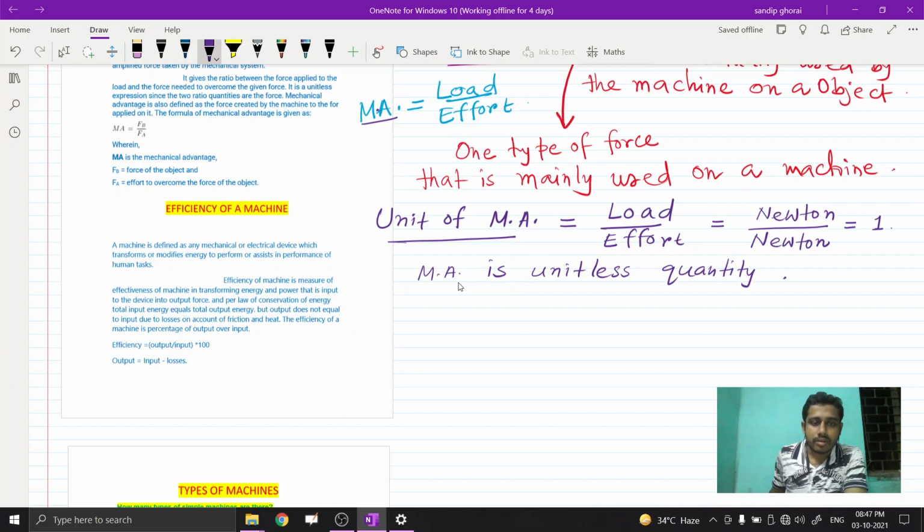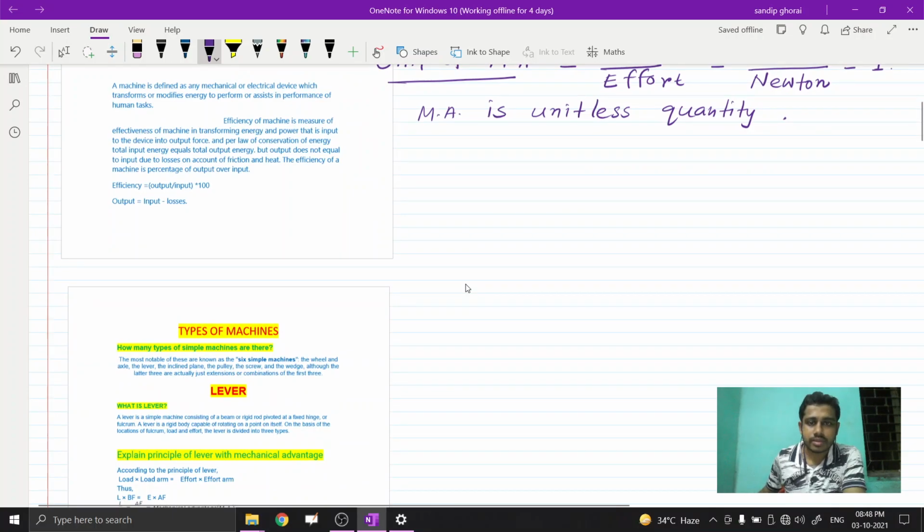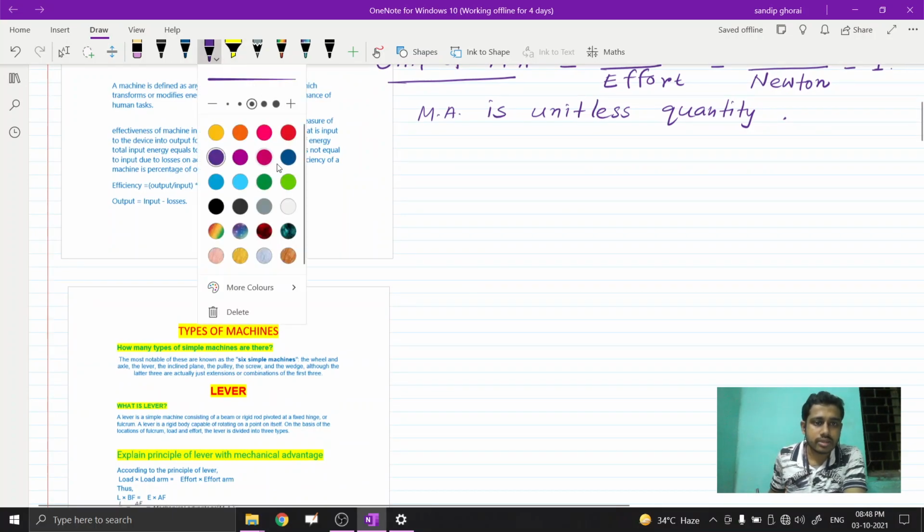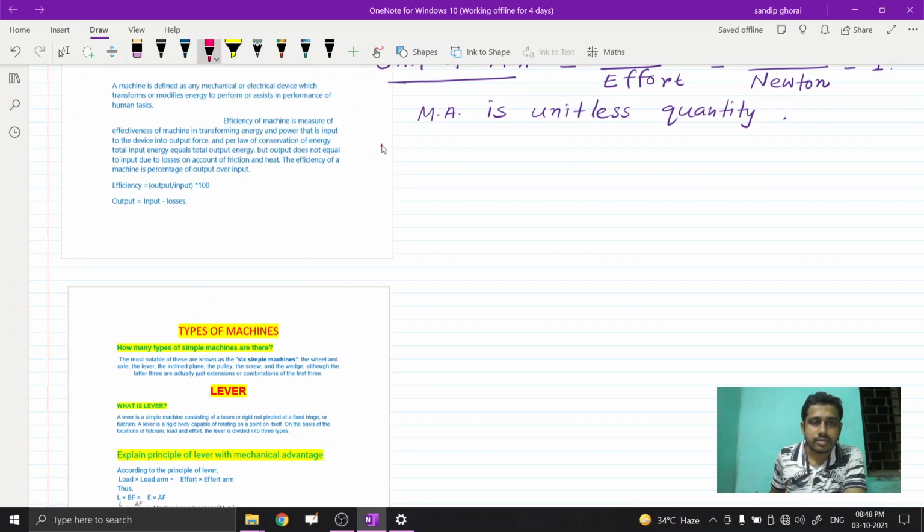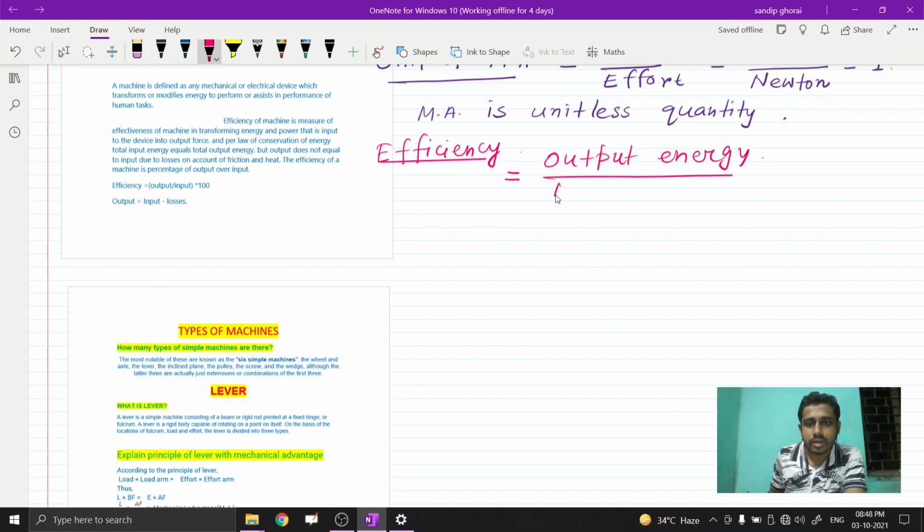Now we have to know our second part, which is the efficiency of a machine. So the question is, what is the efficiency of a machine? Actually, efficiency is equal to output energy divided by input energy.